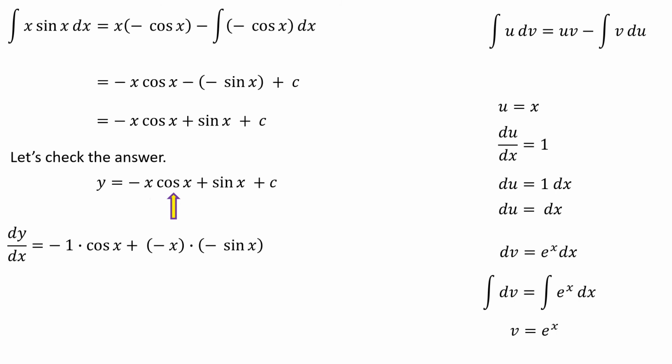Then I see plus sine. Derivative of sine is cosine. Derivative of the constant is 0, so I don't need that.